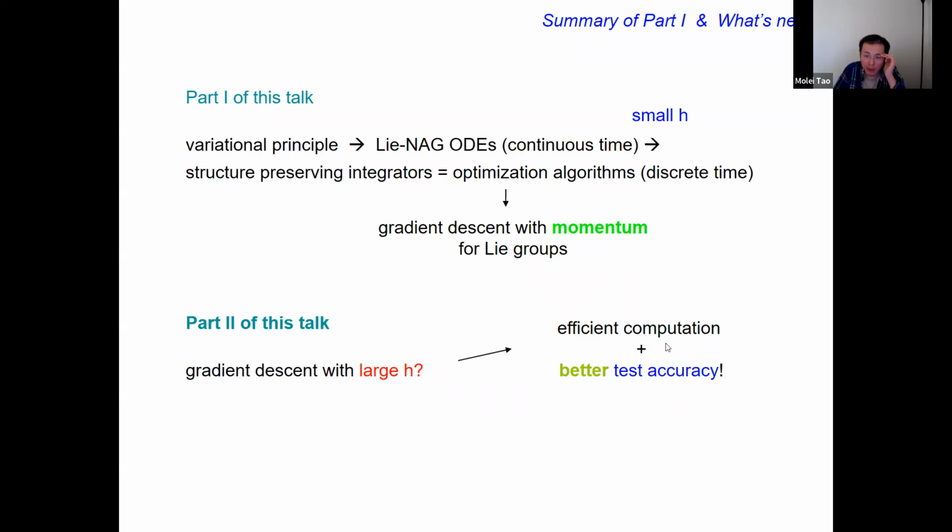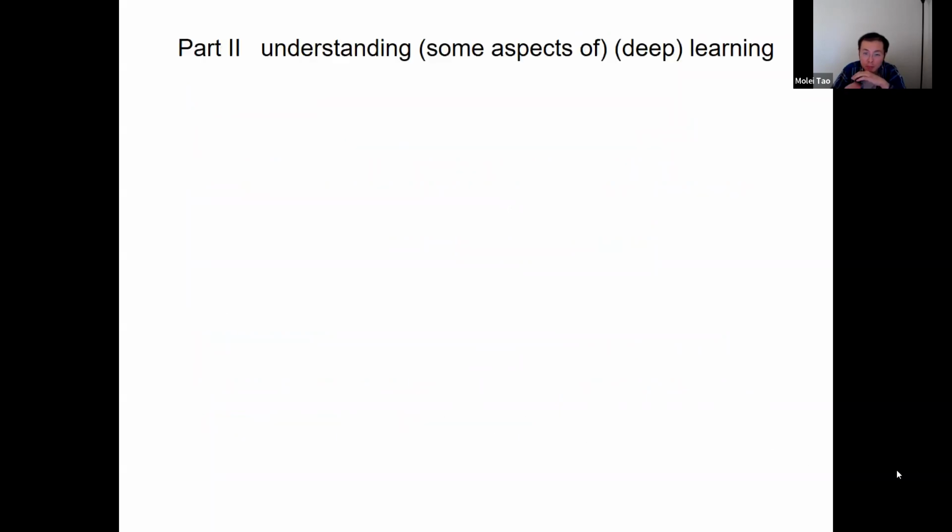But in fact, you can get things beyond that. And very roughly speaking, I'll try to show that if you use larger h, you can actually get better test accuracy in a machine learning context. This is actually pretty non-trivial, so I will no longer bother with the curved geometry. I'll just work with gradient descent in vector spaces, Euclidean spaces.